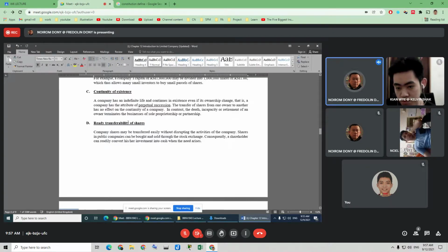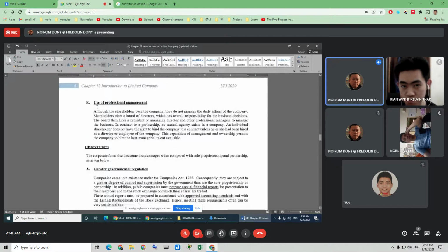Meaning, you can decide to do the investment, but let's say you have an emergency, someone, your relative, died, and then you need cash. So you can sell off your shareholding immediately. And sometimes in the same day you can get your cash back.